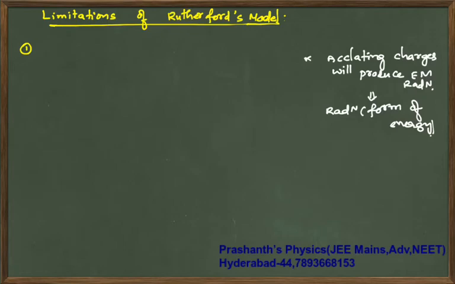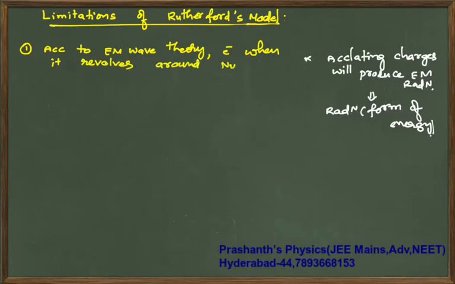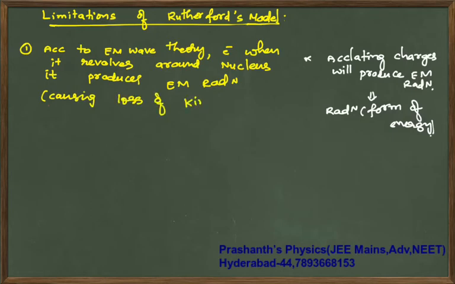So here I will write that. Your first limitation of Rutherford's model: according to electromagnetic wave theory, an electron when it revolves around the nucleus produces electromagnetic radiation, causing loss of kinetic energy, basically mechanical energy is lost.